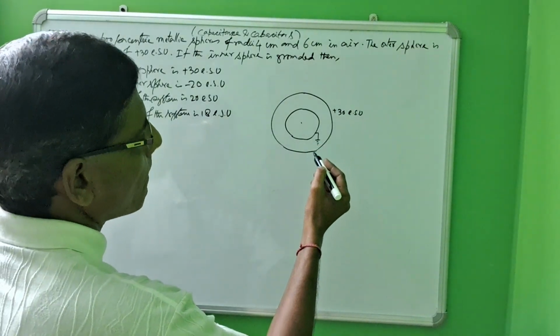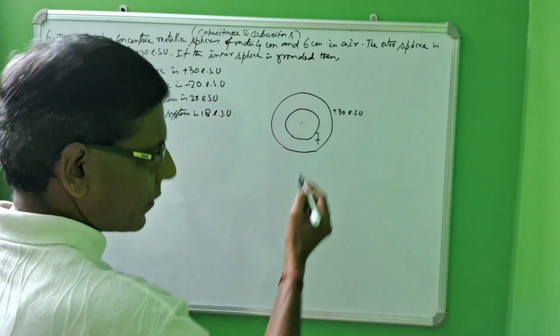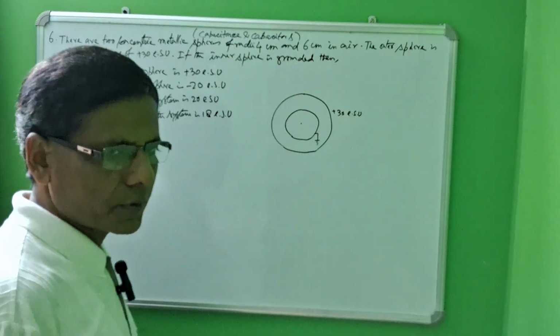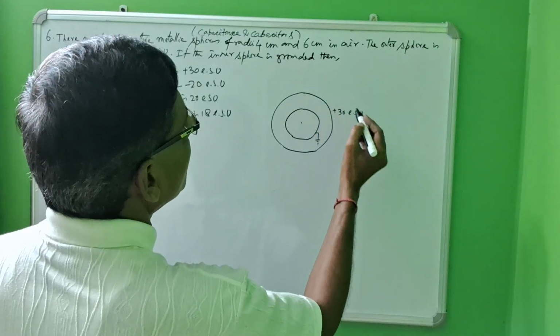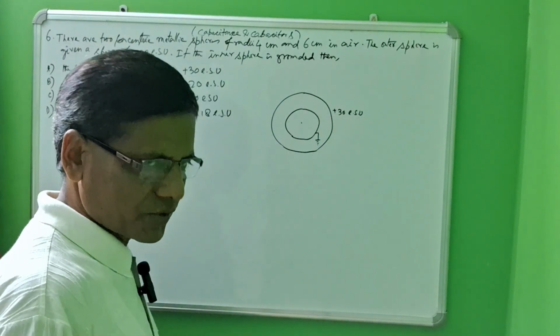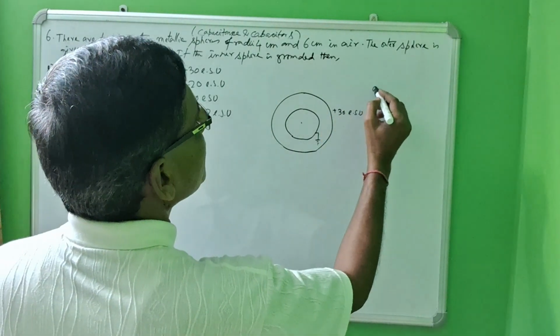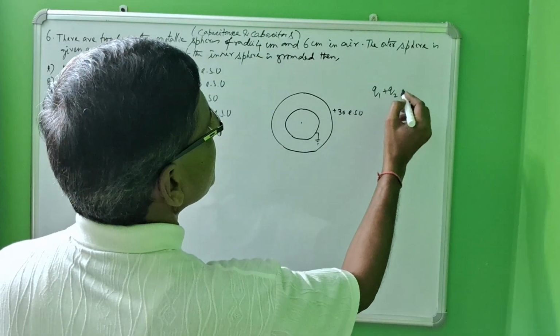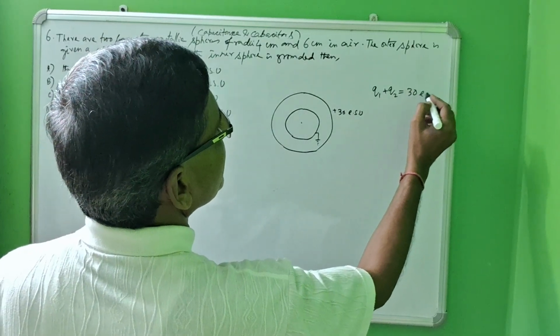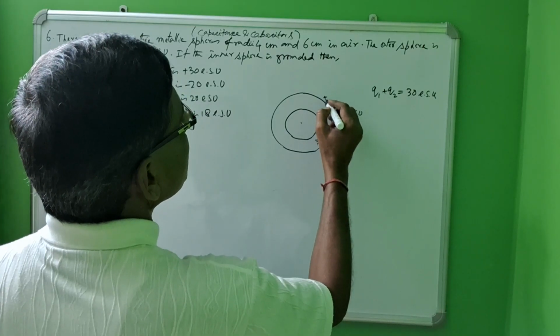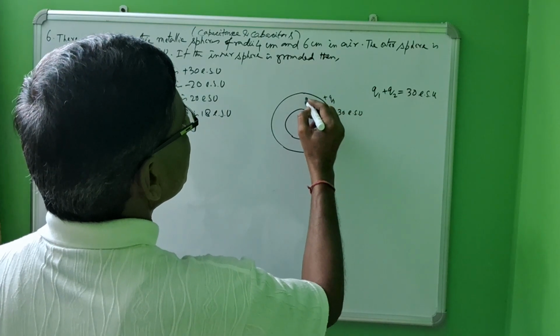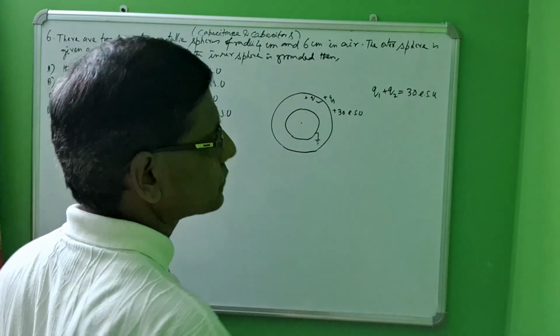Suppose the outer sphere is given charge as Q1 plus Q2 equals 30 ESU, where this is Q1 and this is Q2.